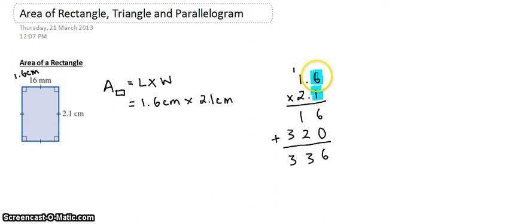So because there are two numbers on the right-hand side of the decimal point, we bring our decimal point in two places here. And our decimal point goes there. So our answer over here for the area of this shape is 3.36 centimetres squared.